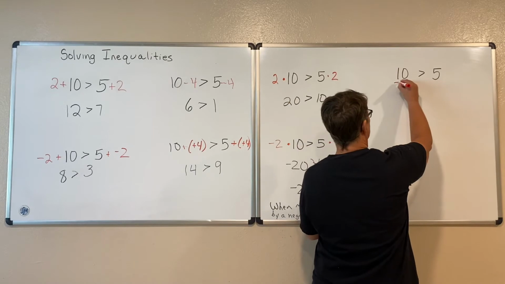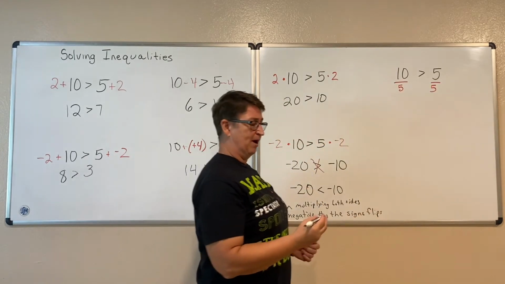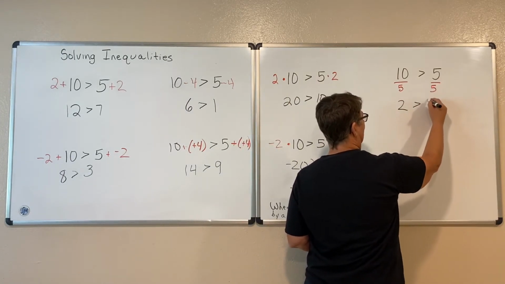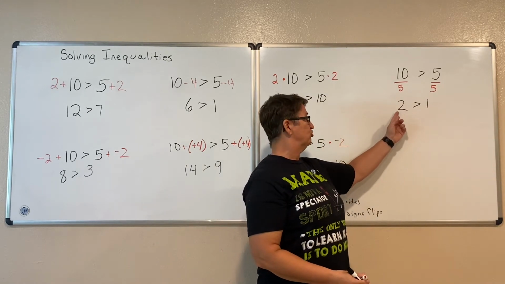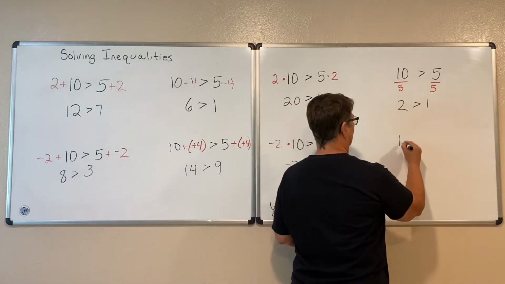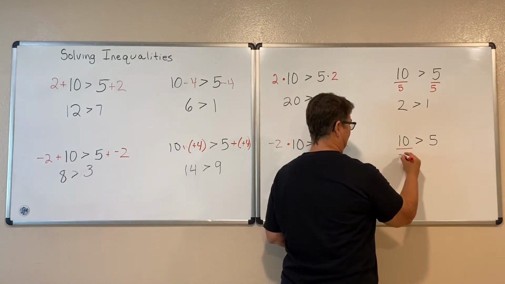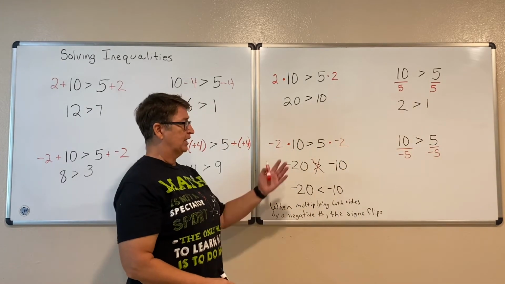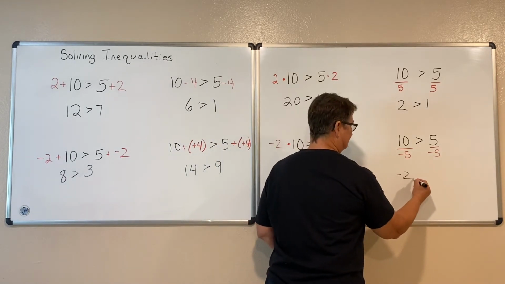First, let's divide both sides by a positive number. 10 divided by 5 is 2. 5 divided by 5 is 1. This is still a true inequality. 2 is greater than 1. Let's see what happens though when I divide both sides by a negative number. 10 divided by a negative 5 gives me a negative 2.